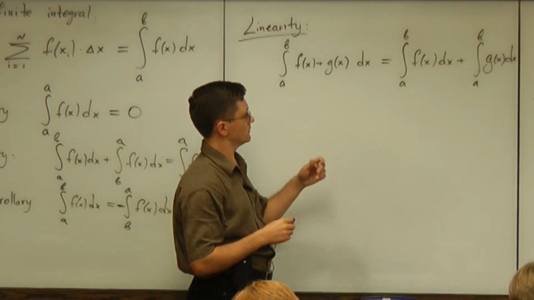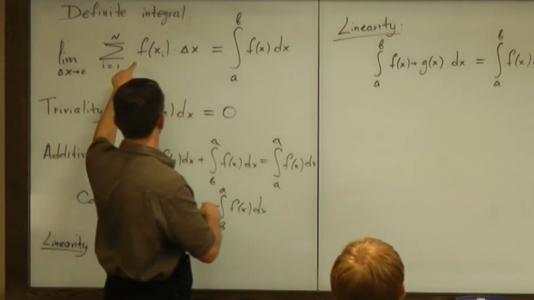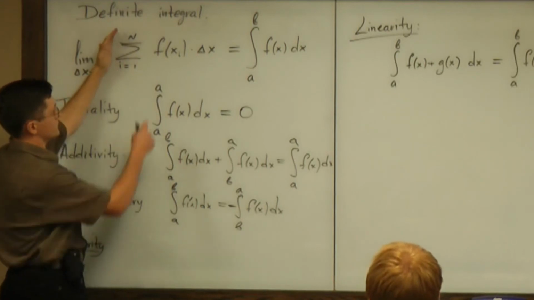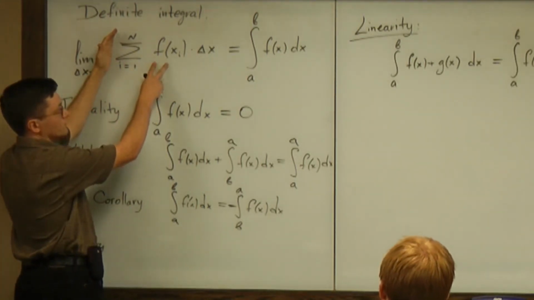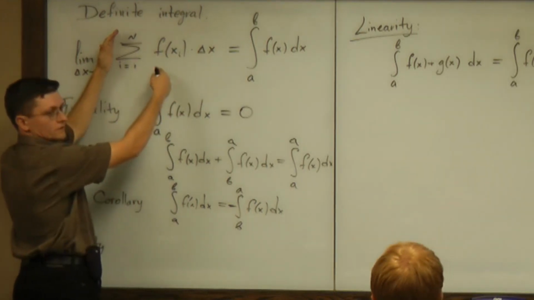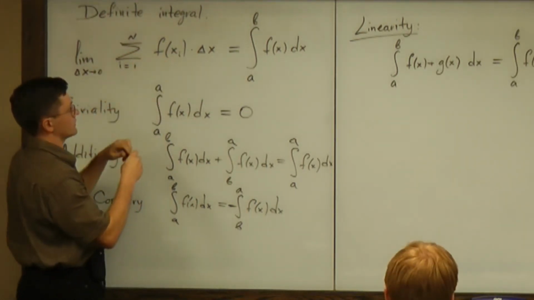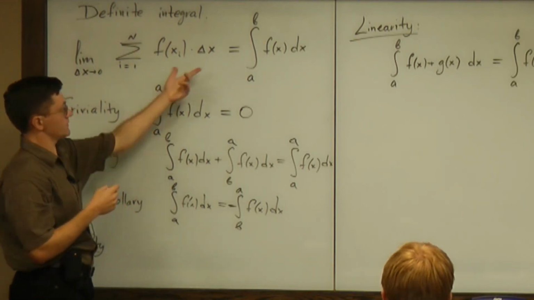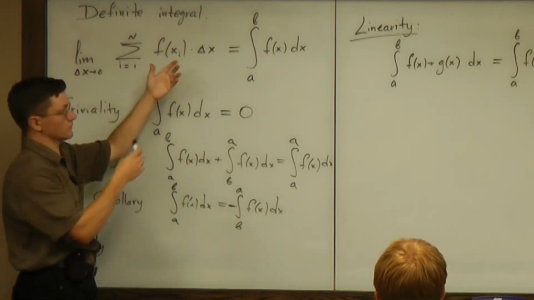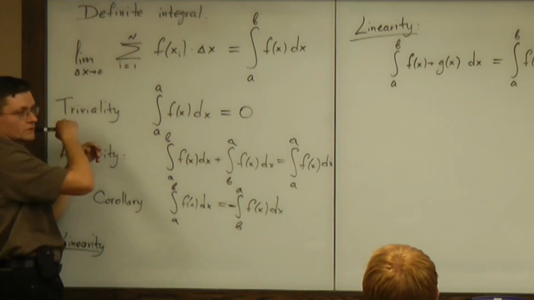Why is that? Well, because if you look at the definition, and instead of f you have f plus g, you can always multiply through by delta x and separate those: f times delta x plus g times delta x. It's the basic distributivity property that promotes itself through summation and through the limit.